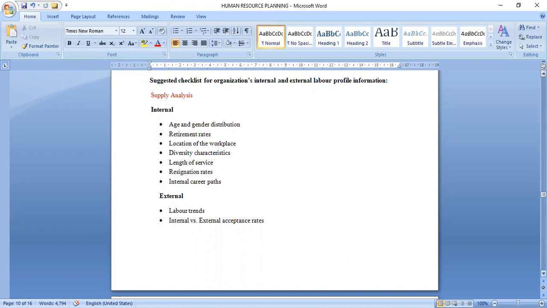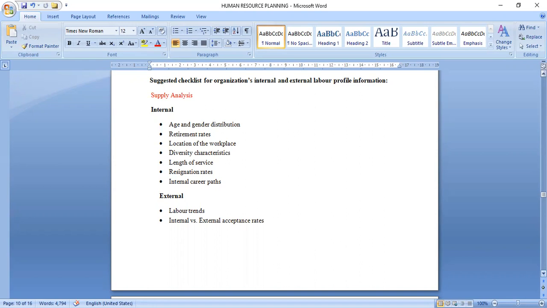What is the reason behind these people resigning? At the end of the day, you should be able to identify that problem and fix it, such that you do not recruit people and then the next week they are resigning.